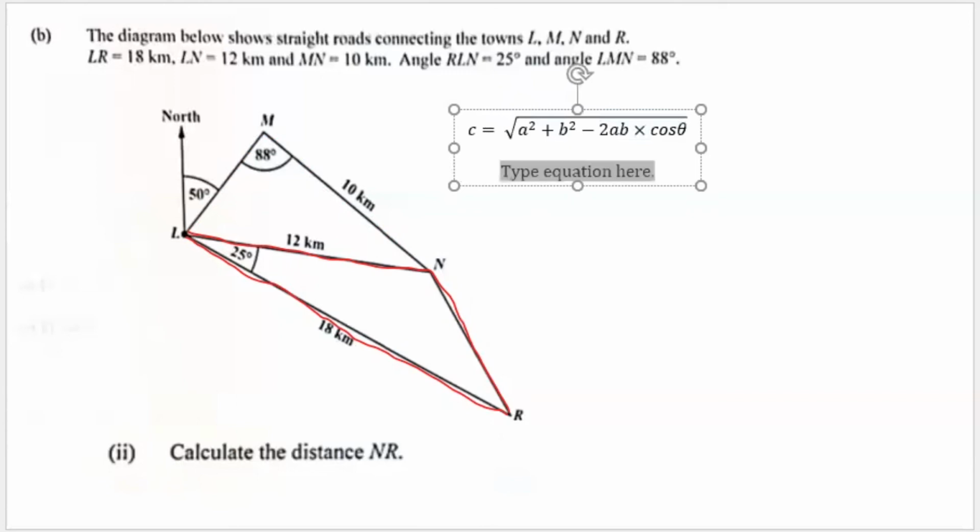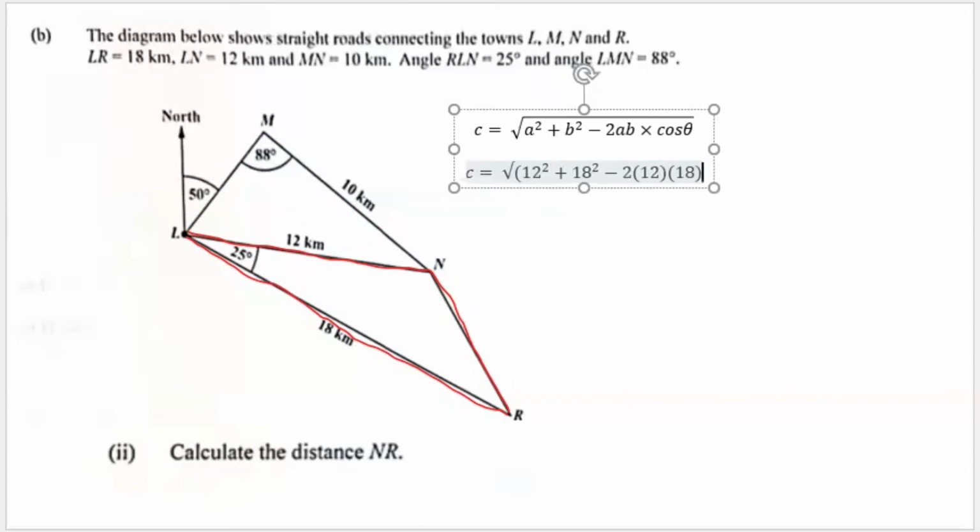So therefore, C is equal to, writing this out, A, let's say 12 kilometers, so 12 squared, plus B, which is 18 kilometers, so 18 squared, minus 2 multiplied by 12 multiplied by 18 multiplied by cos theta, which we're using as 25 degrees.